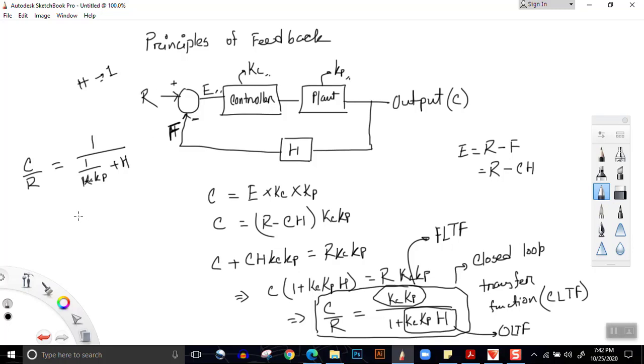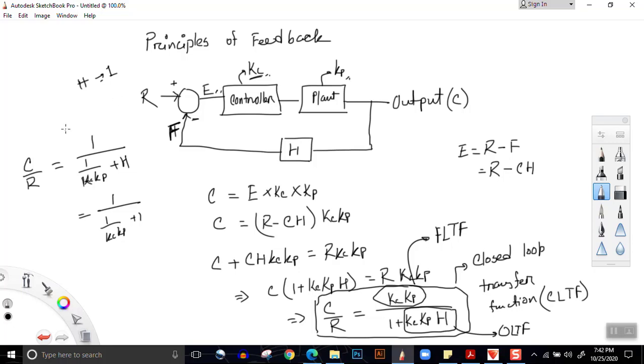If the value of H is 1, we get 1 by (1 by Kc Kp plus 1). Now here the plant gain is constant. Plant gain is unchangeable. So what's a variable? The variable is Kc, or the controller gain. We can modify the controller gain.